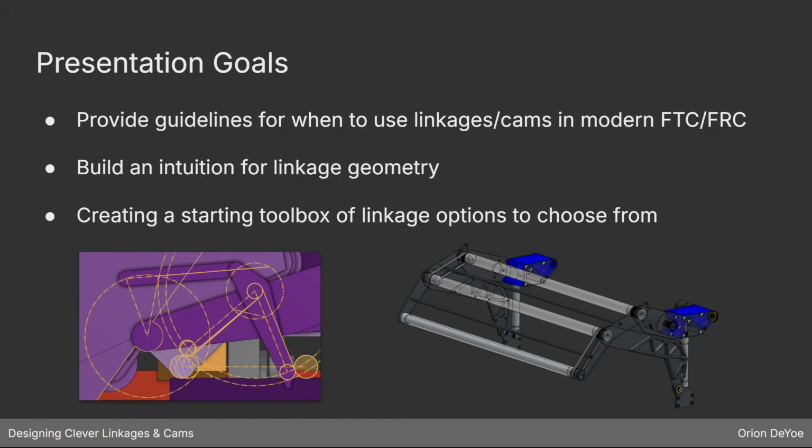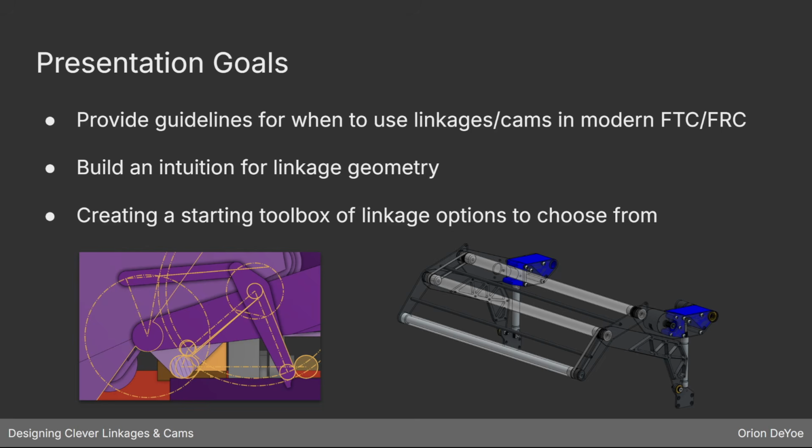We've got a few goals for this presentation. I want to, in no particular order, provide some guidelines in terms of when linkages and cams are useful in the current state of both FTC and FRC. I want to provide some tips and tricks for building intuition for linkage geometry.